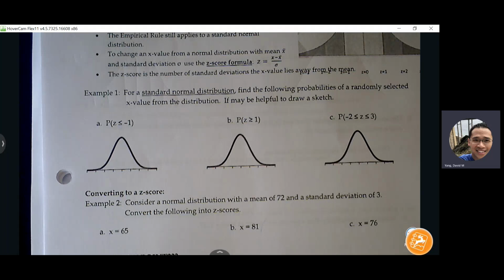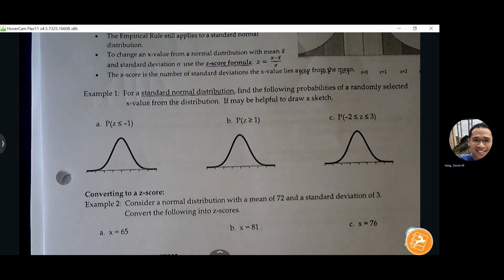Anything that doesn't land nicely on a standard deviation, we can make an estimation, but we're not going to know the exact value. So today we're talking about z-score, which will allow us to figure out something that lands in between. It will allow us to find the probability for anything that lands on a normal distribution curve.